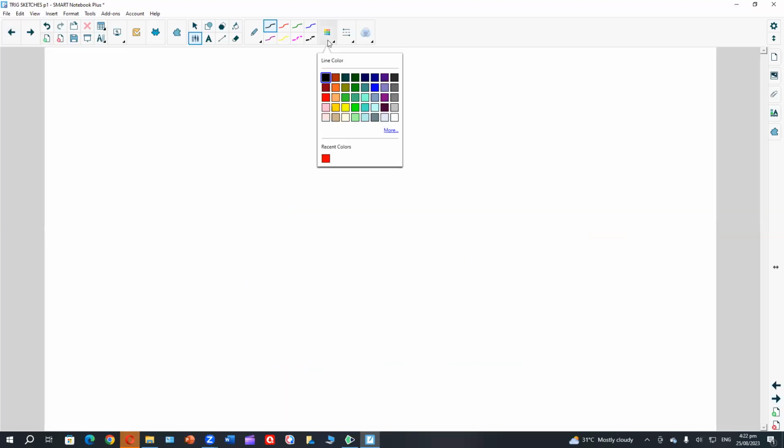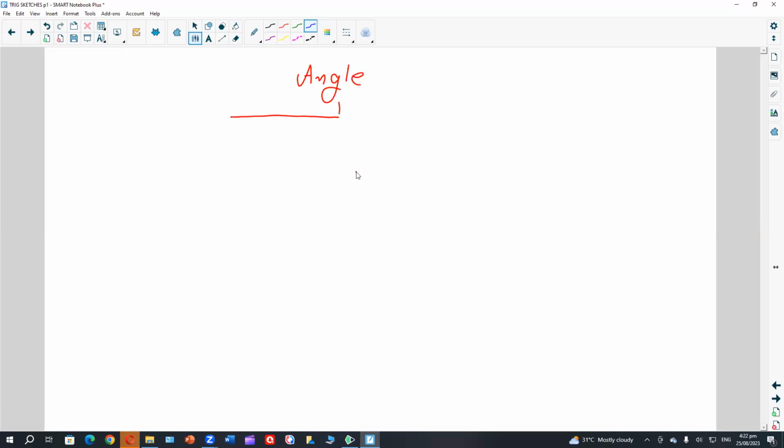Now remember one thing, that in our maths, angle can be measured in two important units. One is called degree and the second is called radian.